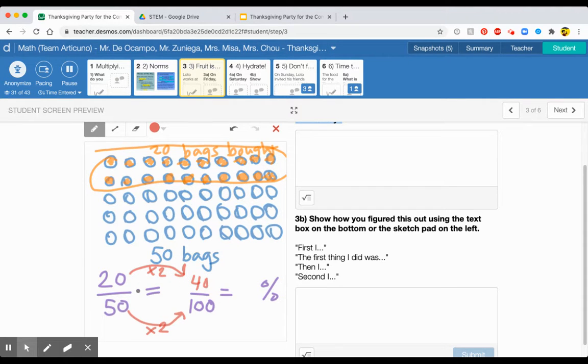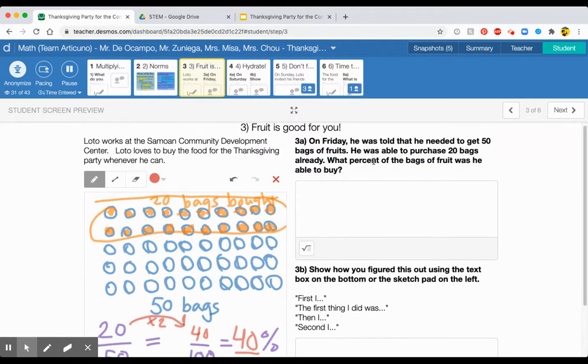And so 20 out of 50 is the same thing as 40 out of 100, which is the same thing as what percent? It's the same thing as 40. So what percent of the bags of fruit was he able to buy? Loto was able to buy 40% of the fruits.